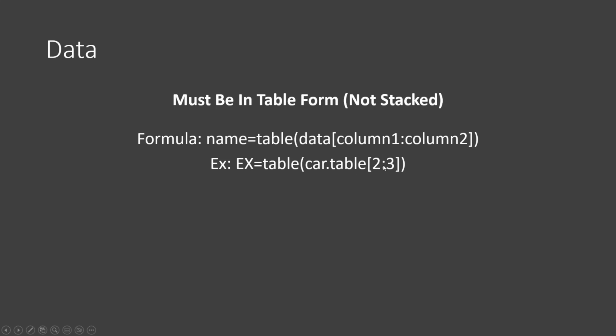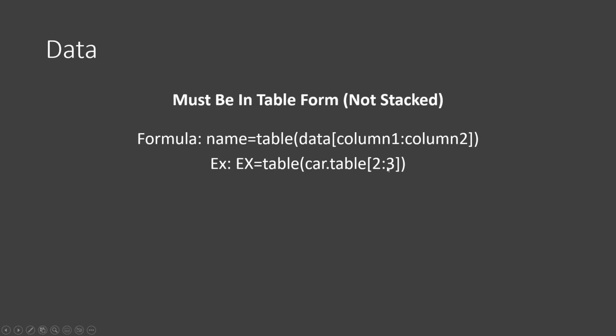I chose 2 to 3 because the first column was a useless column. It just contained the number of rows, and I didn't need that. I just want the speeds, the brands, and the conditions.